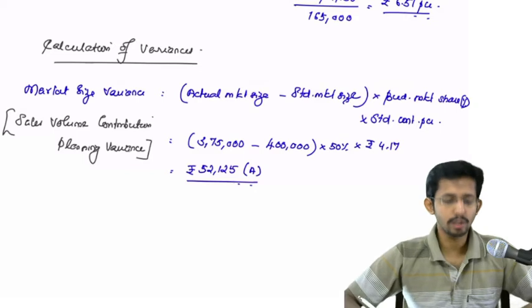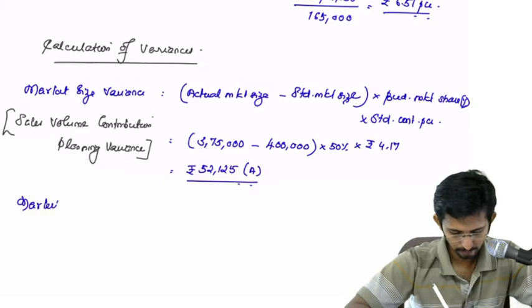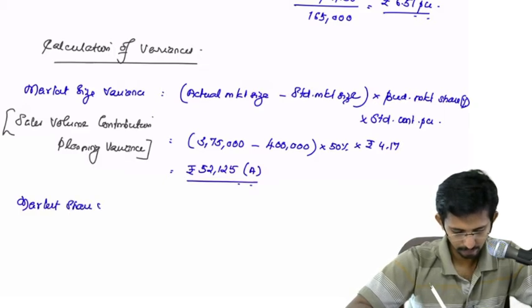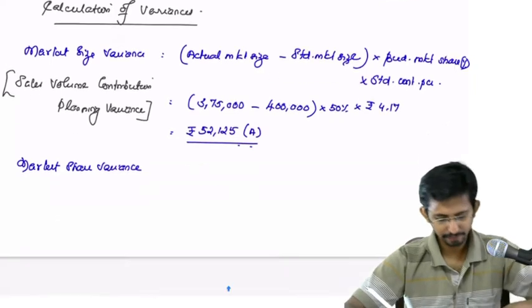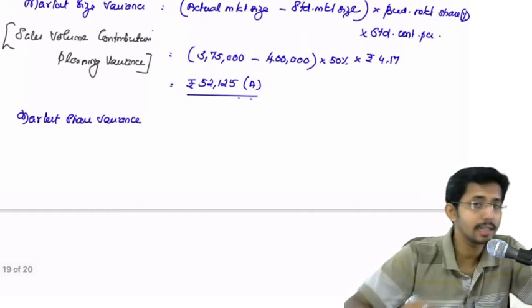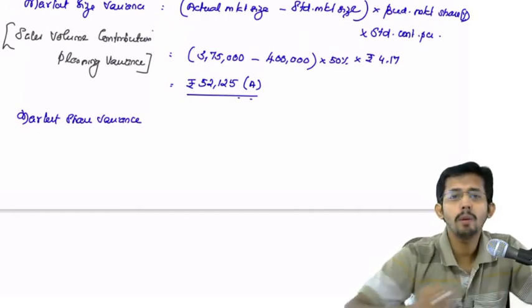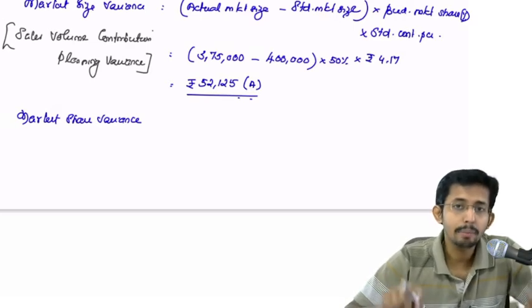Naturally, you can compute market share variance. Market share variance is the variance in your market share. Why did your market share reduce? Due to your internal problems. So that is something related to an operational variance.